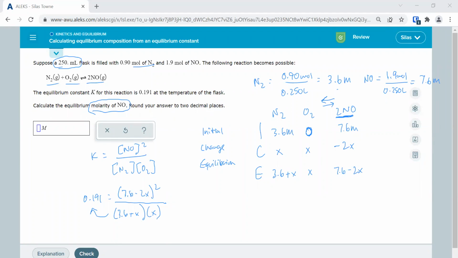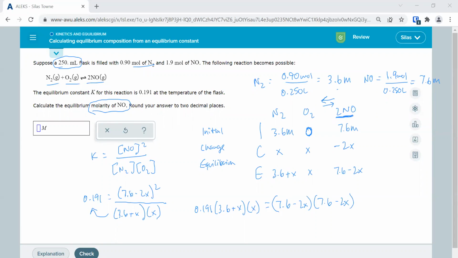So let's rewrite this. 0.191 times 3.6 plus X times X equals 7.6 minus 2X squared. Now, there's a bunch of steps. Another way I could write this is to write another 7.6 minus 2X. I've got to calculate that out.